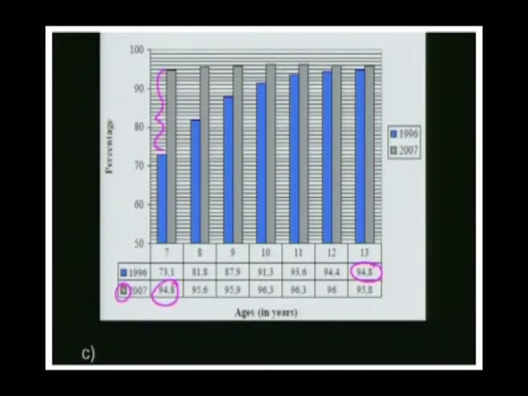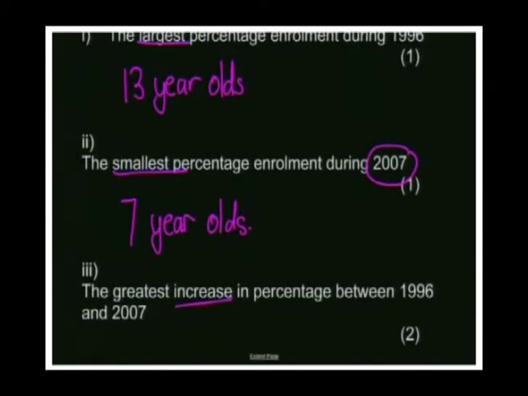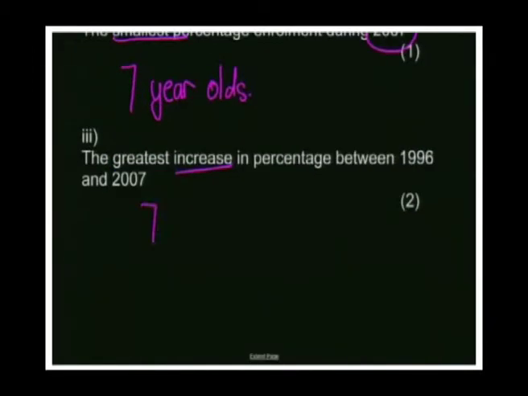And it can be confirmed by numbers, 73% all the way up to almost 95%. That's most definitely the largest increase. And once again, it is the 7-year-olds that have the largest increase between 1996 and 2007.